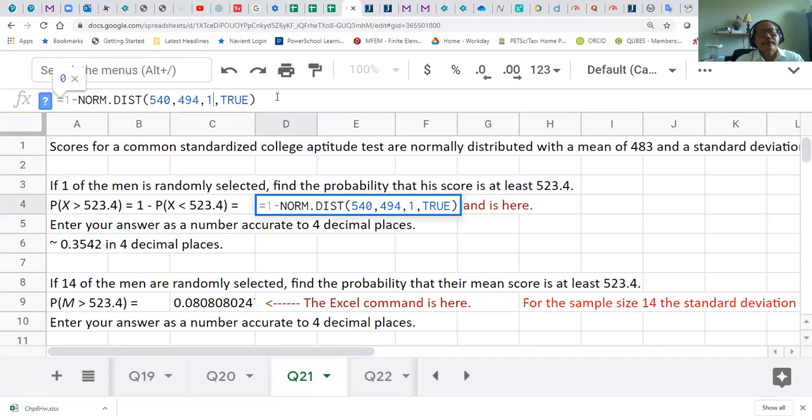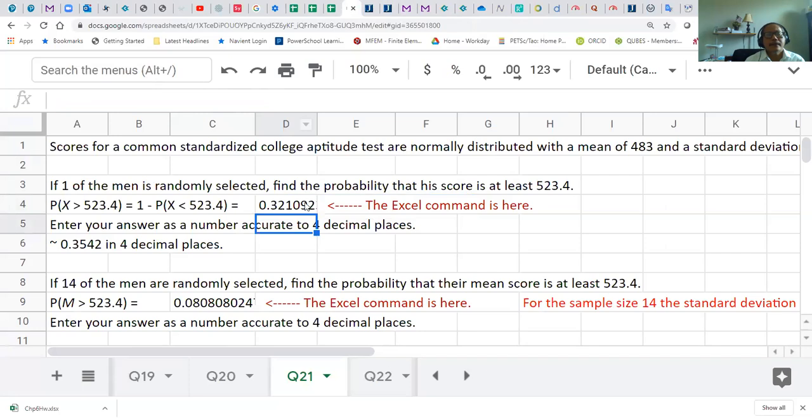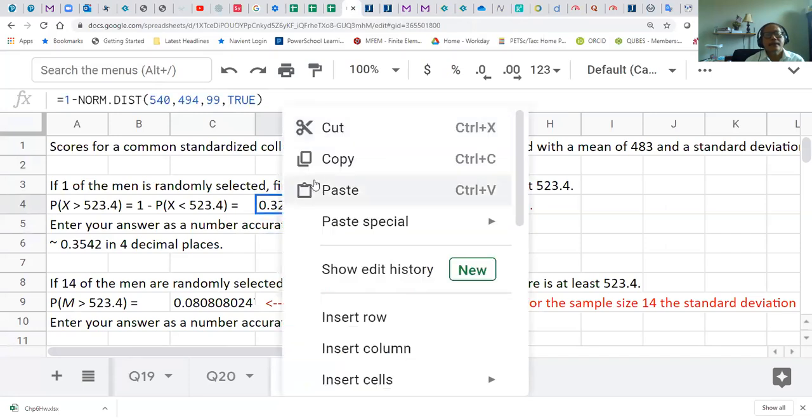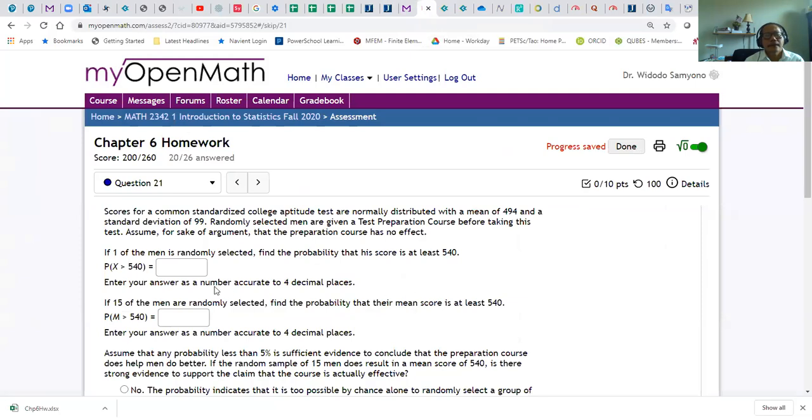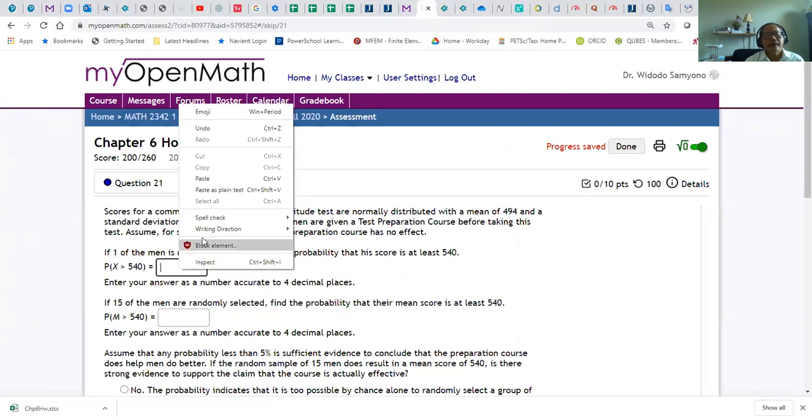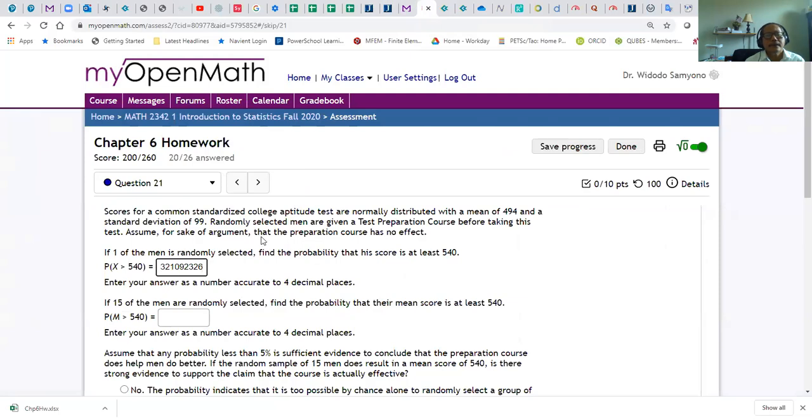So this will be the answer for the first question. You need to put 4 decimal places. So the answer will be 0.3211, right?